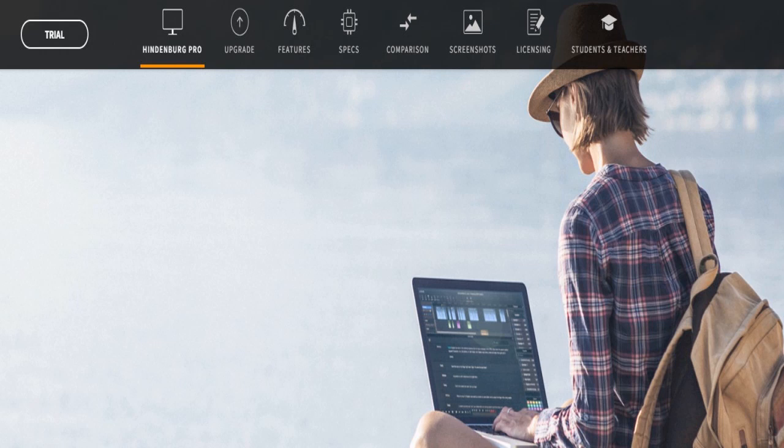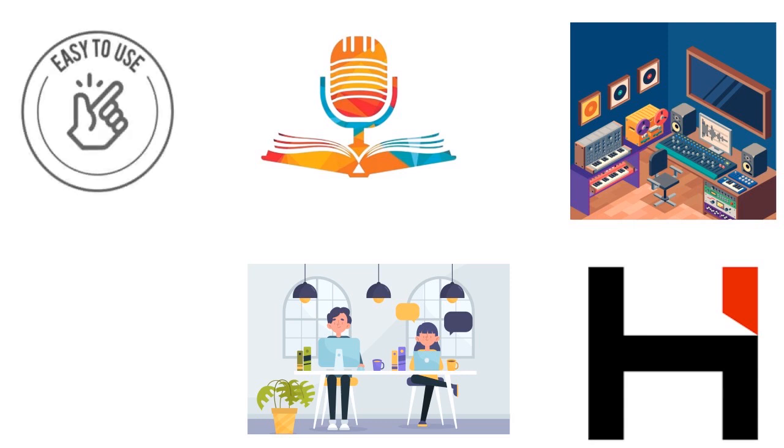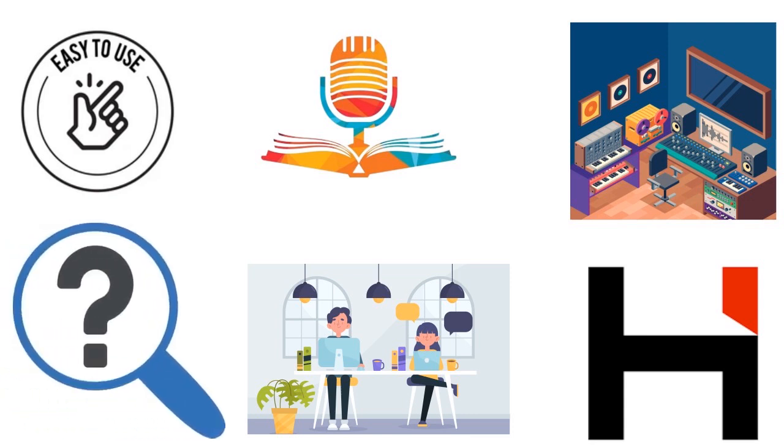Okay. So besides the Auto Leveler within Hindenburg, you also have to think about clip handles. Basically, Hindenburg is very easy to use. It's very easy to deal with clips. It's based on the investigation that we did. It's one of the most straightforward programs out there that takes next to no time to learn how to use.